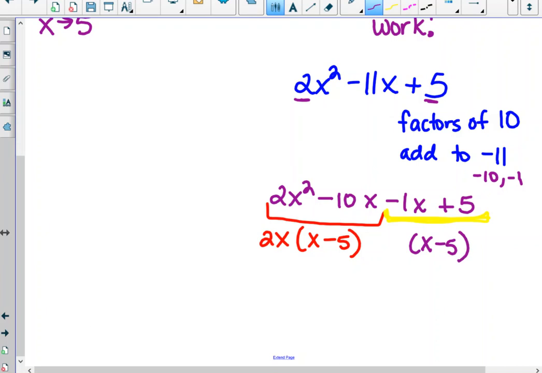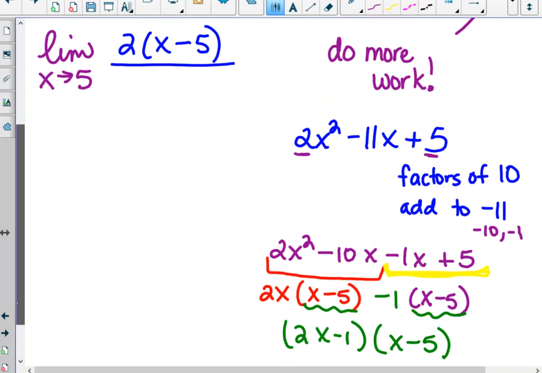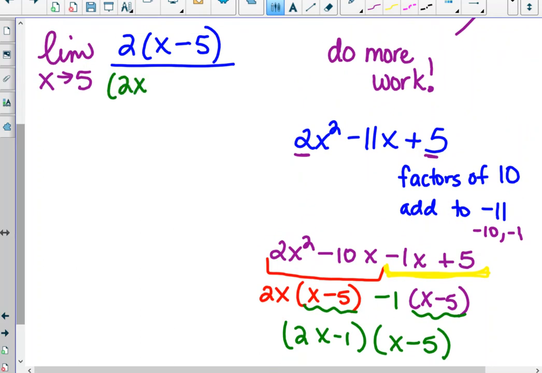This set of parentheses and this set of parentheses have to match, or this factoring isn't going to be working. So it looks like I need this to turn into a negative 1x, and I need it to turn into a positive 5. So it's a minus 1. So the 2x minus 1 comes together with the other factor of x minus 5. Okay. 2x minus 1 and x minus 5.